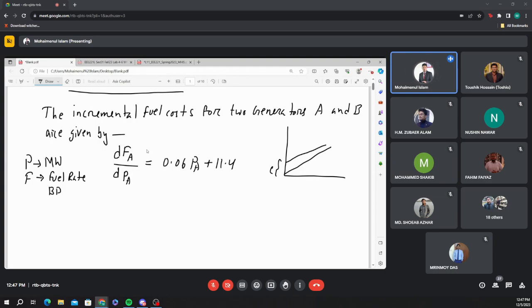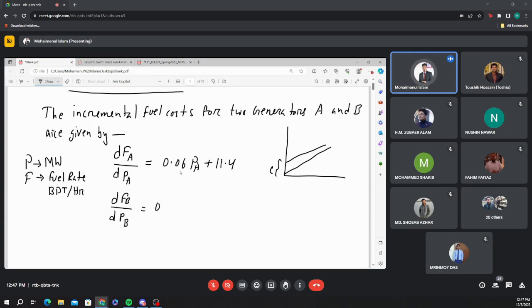To produce energy, you need to run a particular generator for a particular time, and for that period of time, if you require an amount of fuel, the price of the fuel per hour is called fuel rate. Another generating plant B has the fuel rate dFB by dPB.